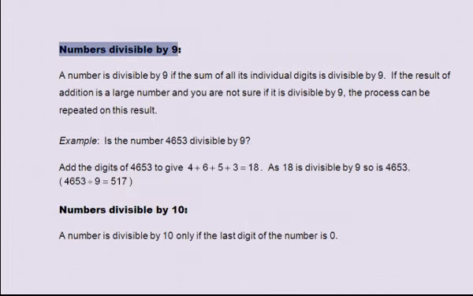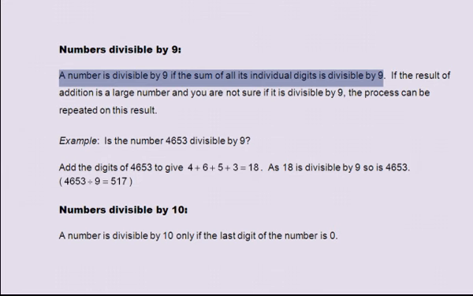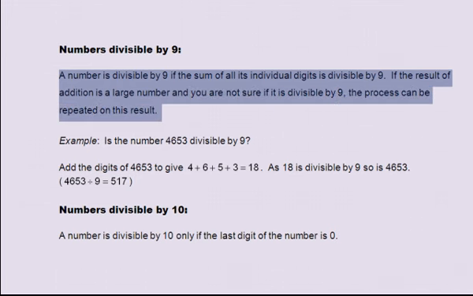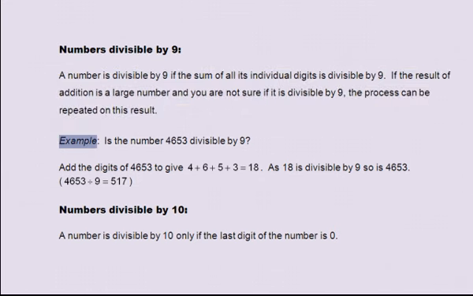Numbers divisible by 9. A number is divisible by 9 if the sum of all its individual digits is divisible by 9. If the result of addition is a large number and you're not sure if it's divisible by 9, the process can be repeated on this result. Example: is the number 4,653 divisible by 9?